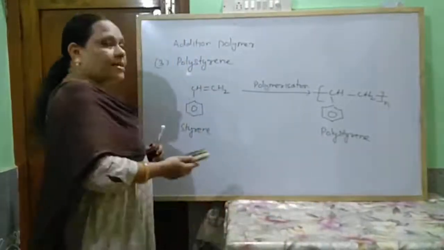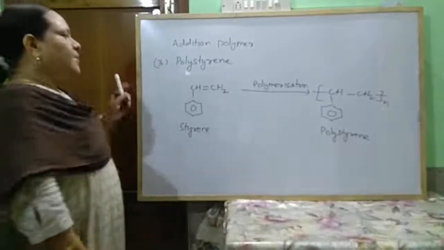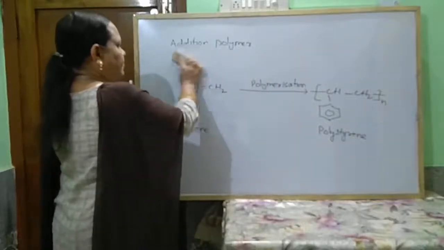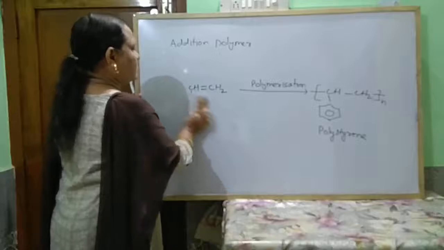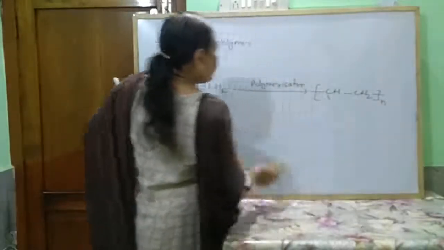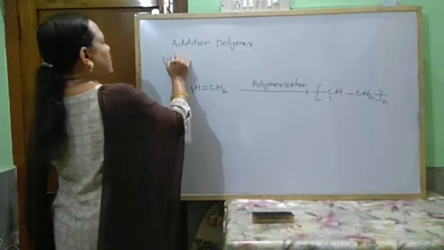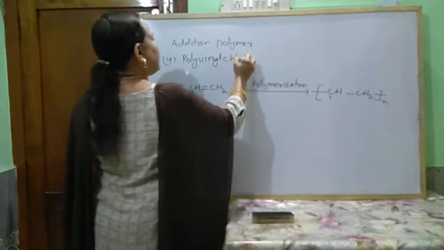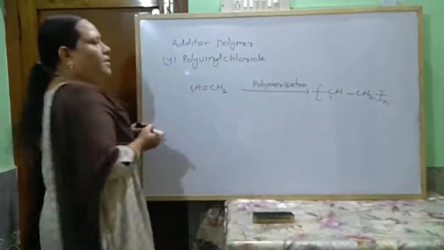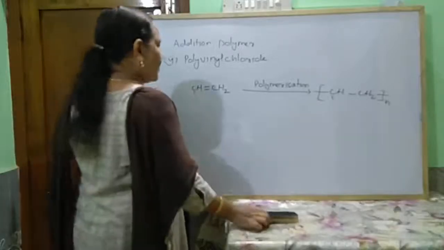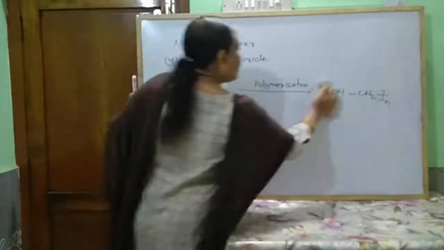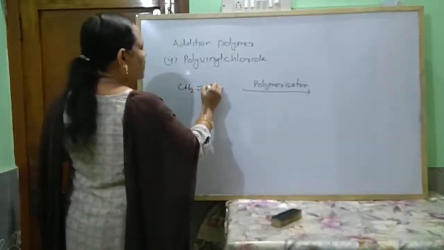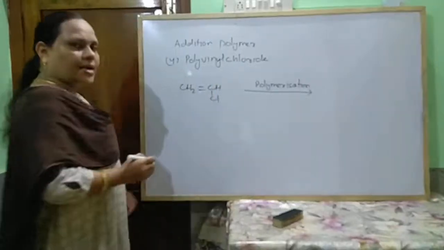Next, another type of addition polymer, polyvinyl chloride. Here the monomer unit is vinyl chloride, CH2=CH, with chlorine.